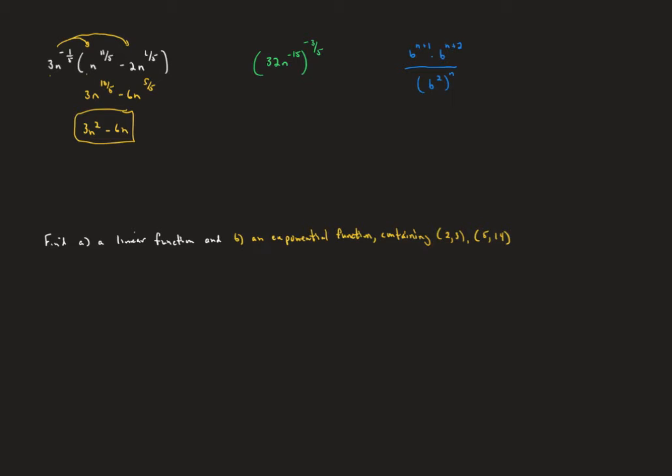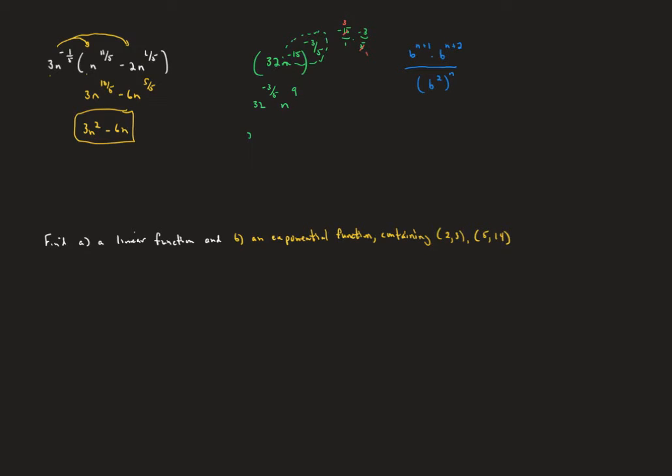Here we'll take, now these are being multiplied raised to that power, so we'll take 32 to the negative 3/5. We will multiply these exponents, and the negative 15 times a negative 3/5, we can cancel the 5, and so that's going to be a negative times a negative is a positive, and then we'll get n to the positive 9.